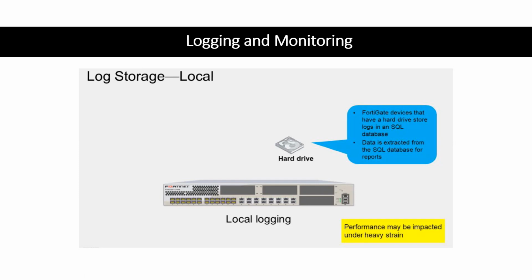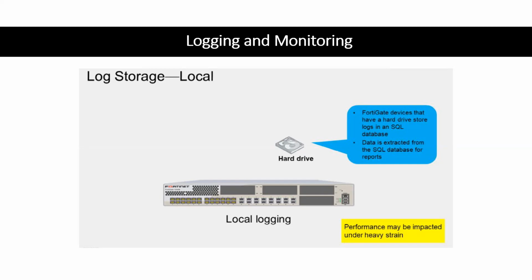On a specific hard drive, you want to do it on the mid-end to high-end FortiGates. And I want to make sure I got the terminology correct: logging to a hard disk is known as disk logging.